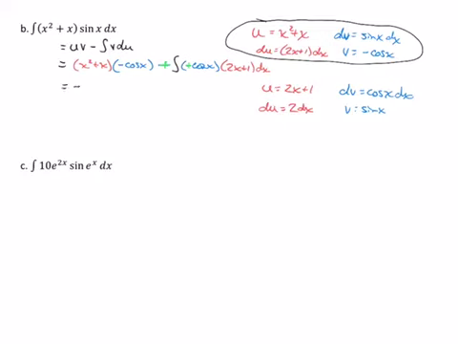I'll bring the negative out front, negative x squared plus x cosine of x. And then over here, I'm going to replace this integral by all the mess that's over here.